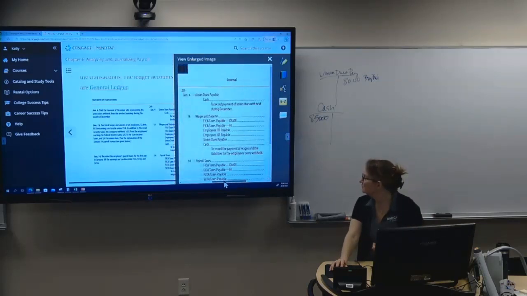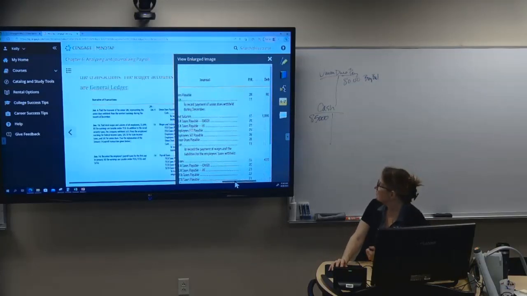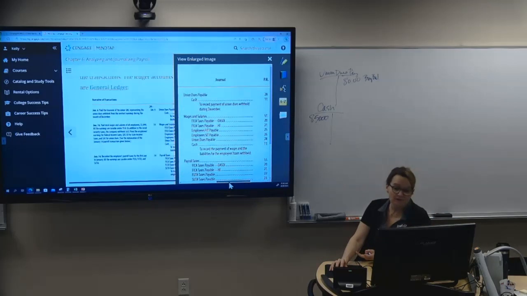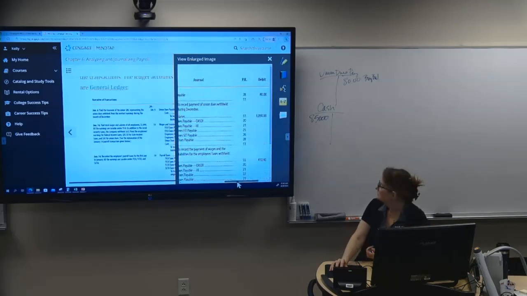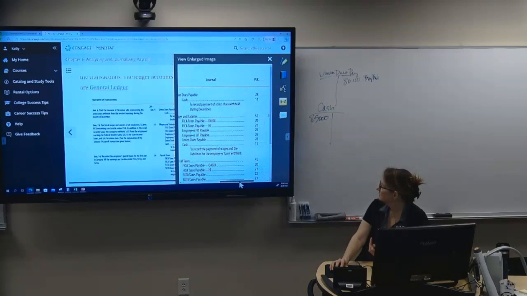Okay, so on January 14th is our entry for the payment of salaries. Remember, our gross salaries is going to be our debit. So the $38.90. And then all of the amounts that are withheld are going to be listed as our credits. And then cash is our final credit.